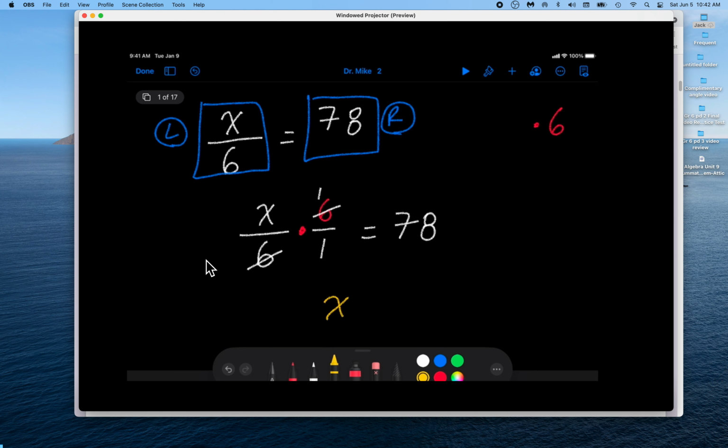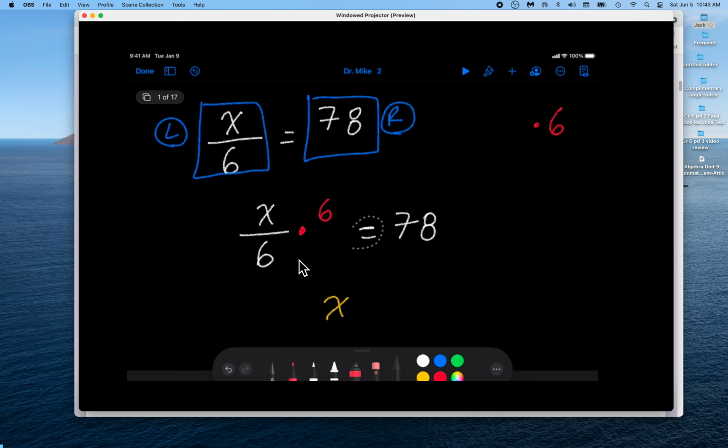However, folks, when we multiply that left side by 6, this equal sign that was present at the beginning, where the left side equaled the right side, is no longer valid. We have changed the left side. Once we change the left side, this equal sign no longer applies.